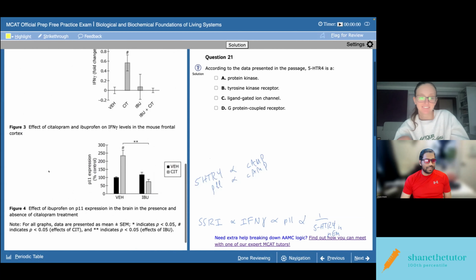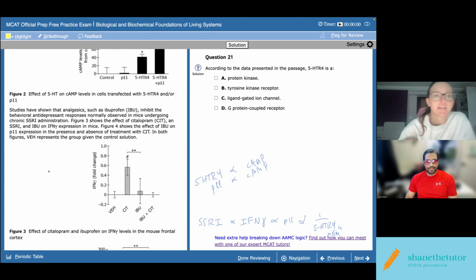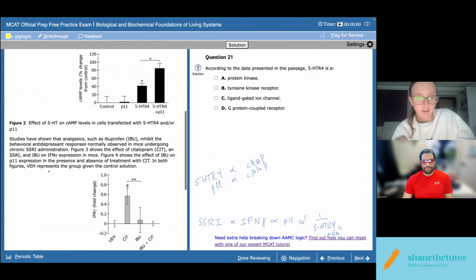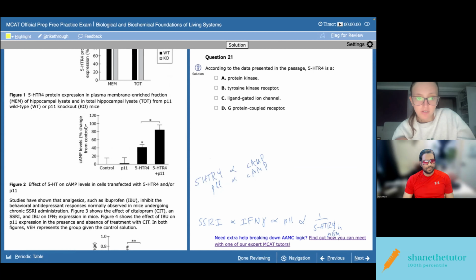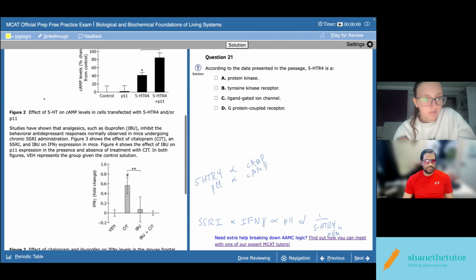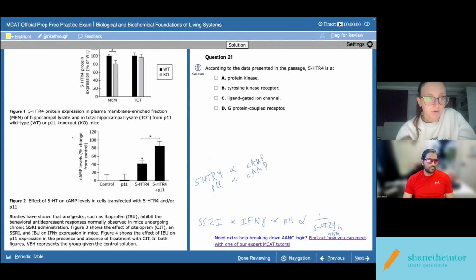Okay, let's do it. Studies have shown that analgesics such as ibuprofen inhibit the behavioral antidepressant responses normally observed in mice undergoing chronic SSRI administration. So ibuprofen is like the IFN-gamma, no? Wasn't that one something that also decreased antidepressant responses? Oh wait, I read that somewhere else.